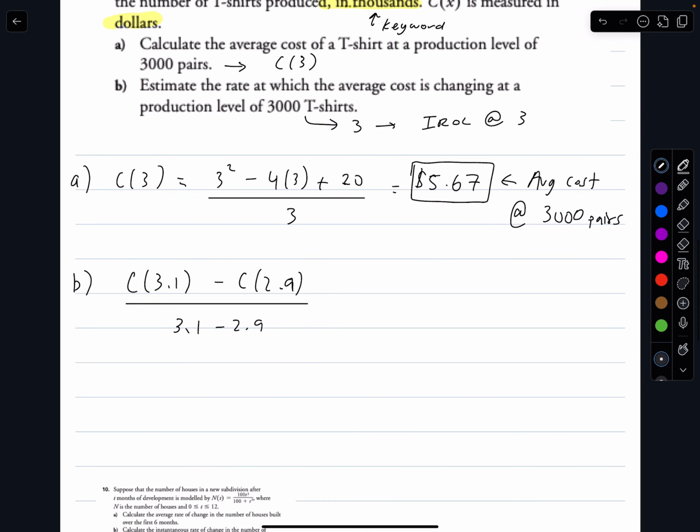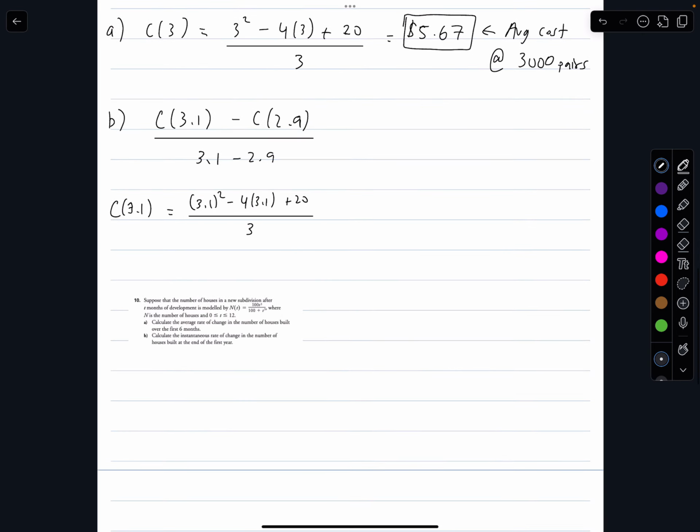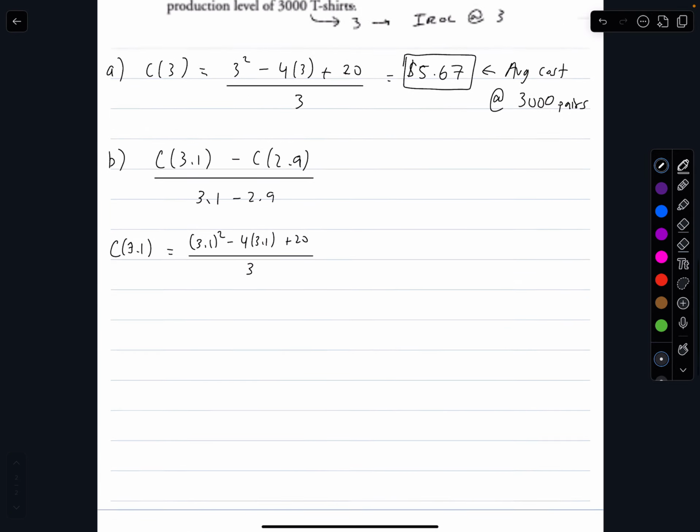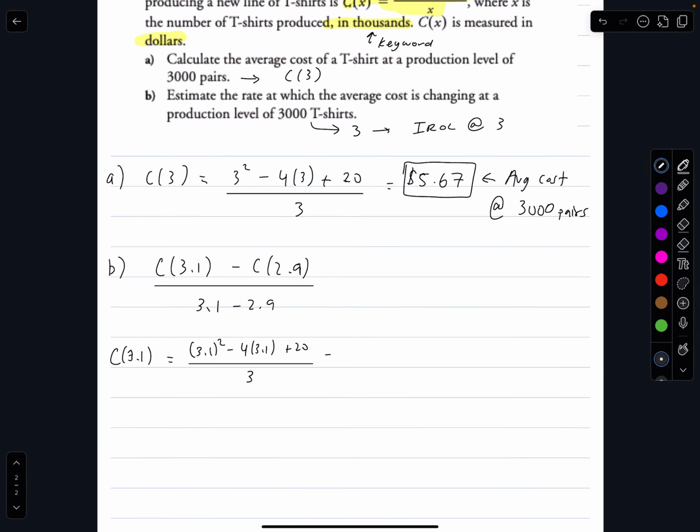So if we actually put this in our calculator, 3.1, we'll get 3.1 squared minus 4 times 3.1 plus 20, all over 3. Let me move this other question down. And then when we put that in our calculator, we'll get approximately 5.55. And then we'll do the same thing for 2.9.